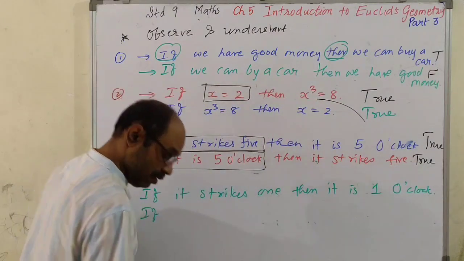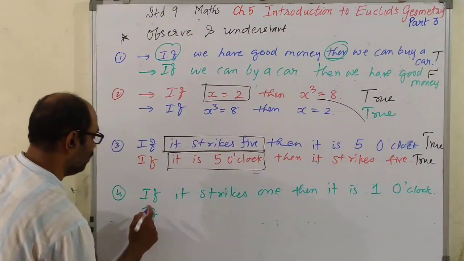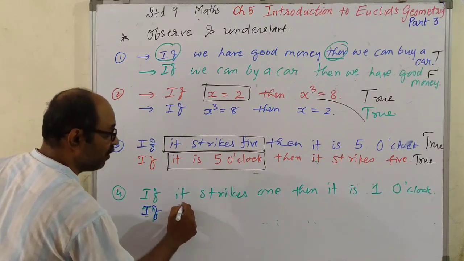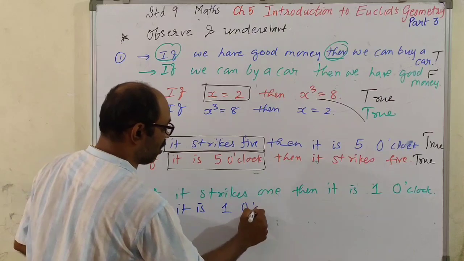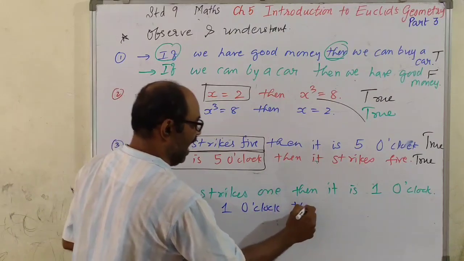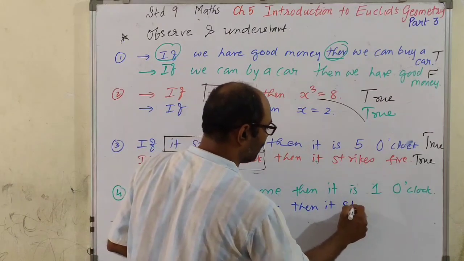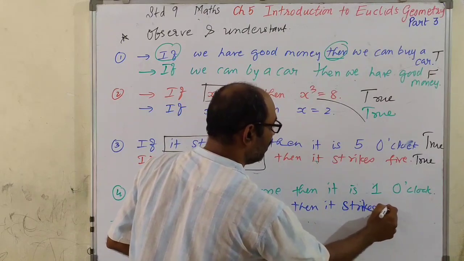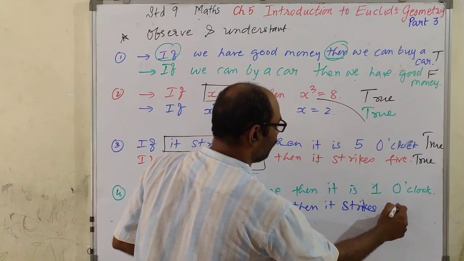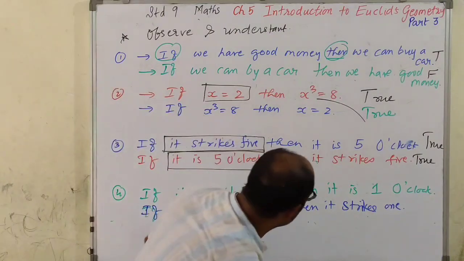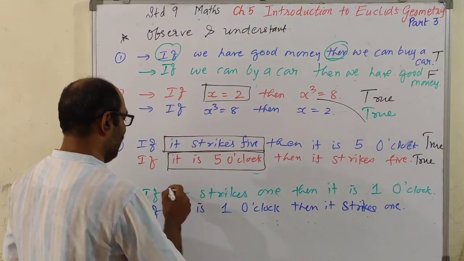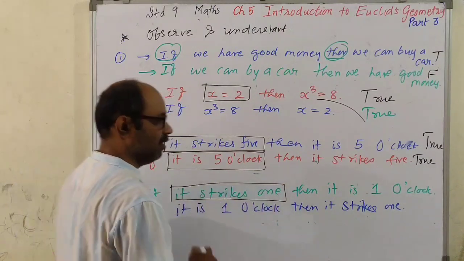Okay. Yeah, I'll use a different color now. Its converse: if it is 1 o'clock, then it strikes 1. Please, let's see the truthfulness. What is given? It strikes 1.